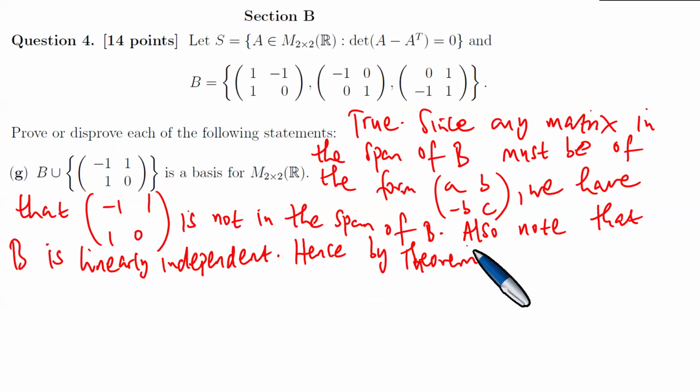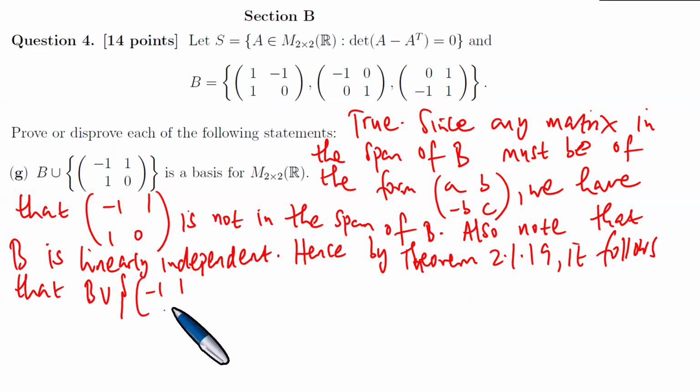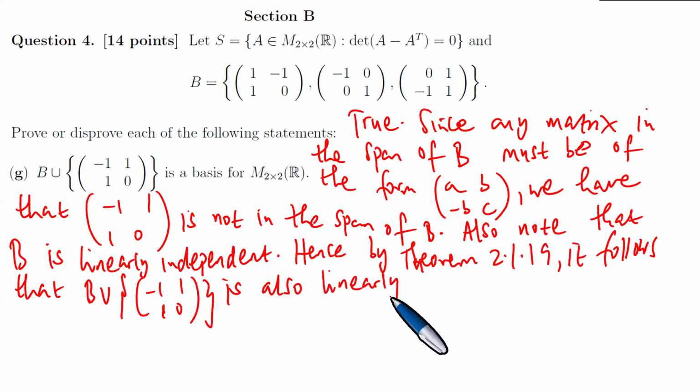So by theorem 2.1.19, it follows that B union that is also linearly independent.